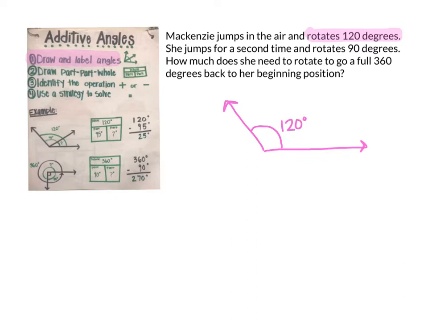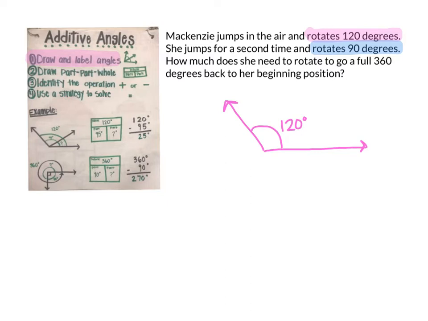Then she jumps for a second time and rotates 90 degrees. So 90 degrees is easy, right? That's a benchmark angle. We could use a perfect square corner to help us draw this. But the way I'm going to draw this is I'm going to draw it right next to my 120 degrees, right? It's a continued rotation.